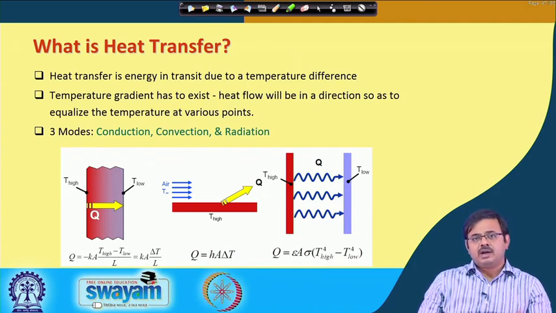So, there is going to be conduction through this solid. Now, how much heat is going to flow? That is the next question. Per unit time, what is going to be the heat flow?